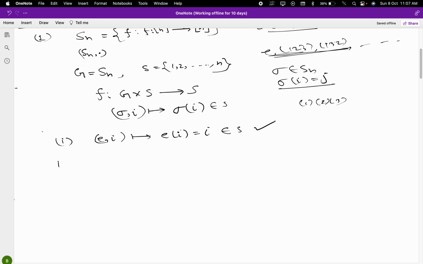Second property. I take sigma 1 and sigma 2, elements of Sn. Sigma 1 sigma 2 operated at i is nothing but sigma 1 of sigma 2 of i, right?